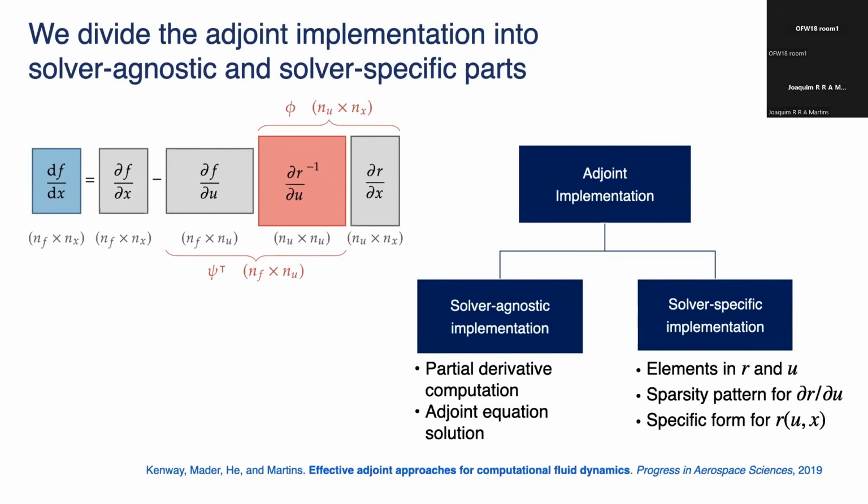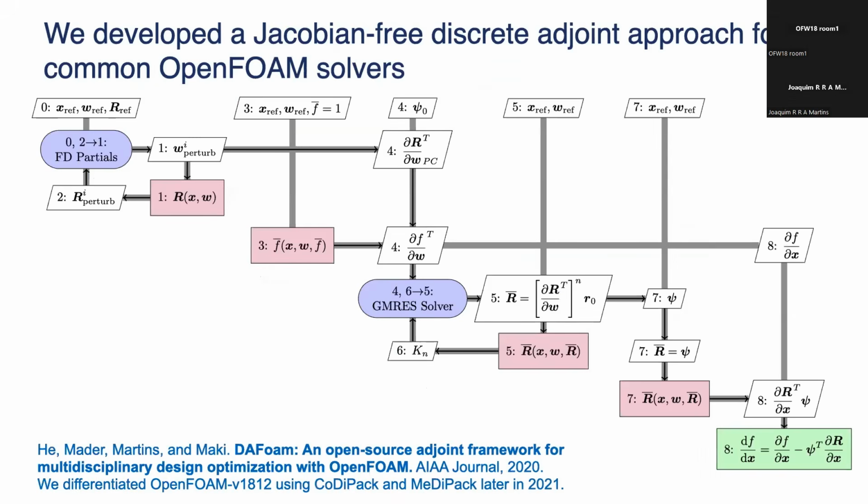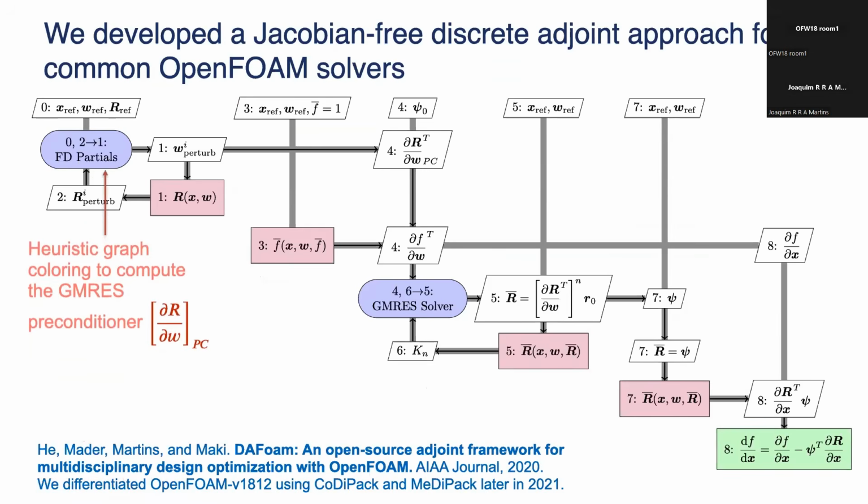For OpenFOAM in particular, we developed this approach. It unfortunately has to use some finite differences in there. I mentioned finite differences can be problematic, but it still works well enough. And for the finite differences, I mentioned these are really inefficient and can be inaccurate, but we have a way to reduce this cost, right, by using graph coloring. I'll show more details in a second.